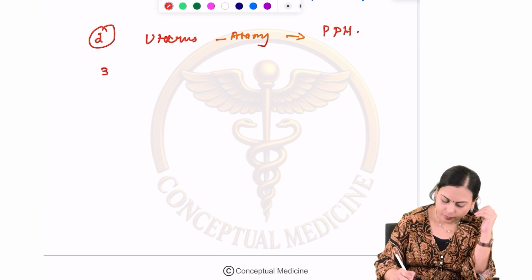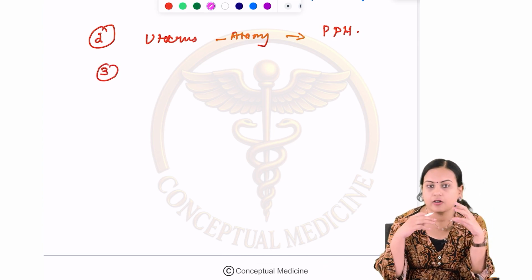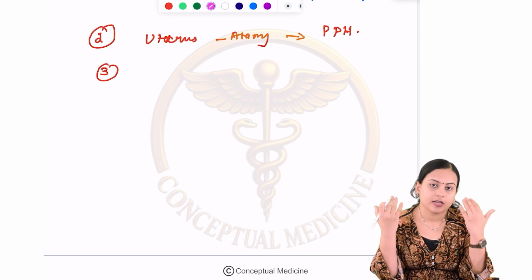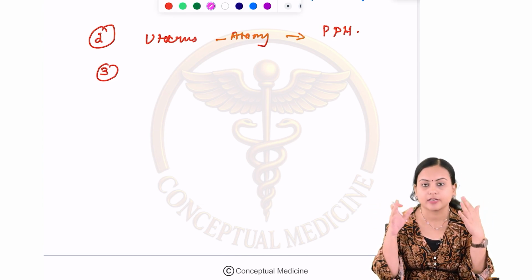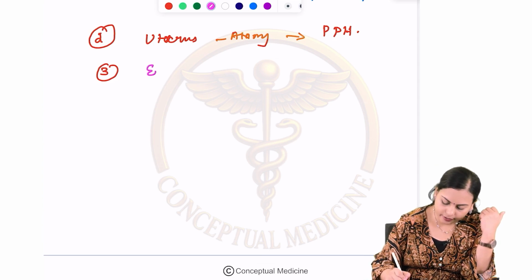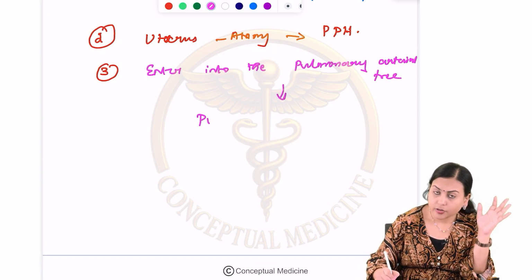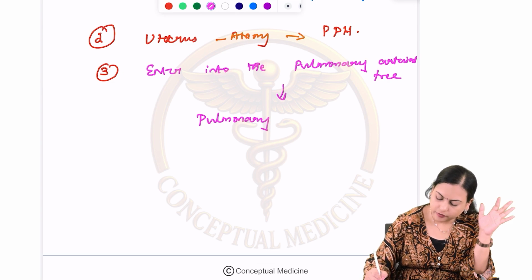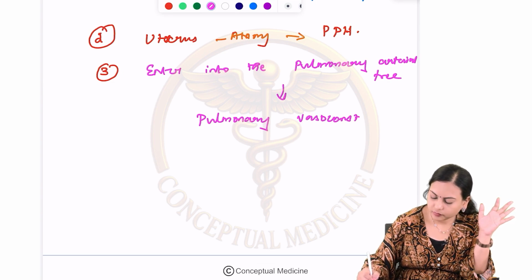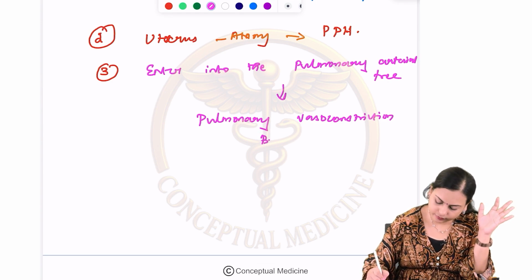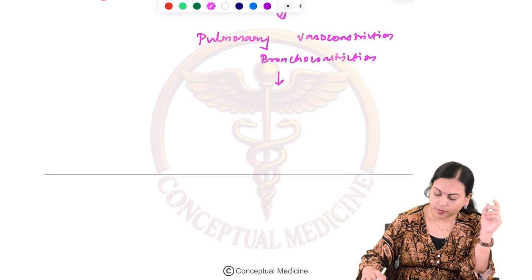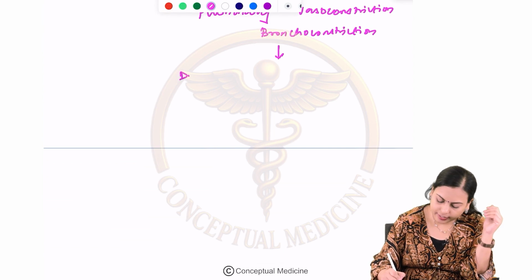And the third possibility is that the amniotic fluid and the fetal materials I have mentioned, which have entered the circulation, are going to enter the pulmonary arterial tree, and this is going to cause pulmonary vasoconstriction as well as bronchoconstriction. This can also be associated simultaneously with dilatation of the right atrium and ventricle.